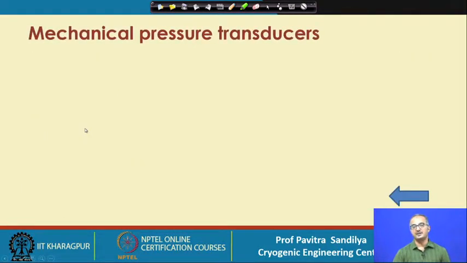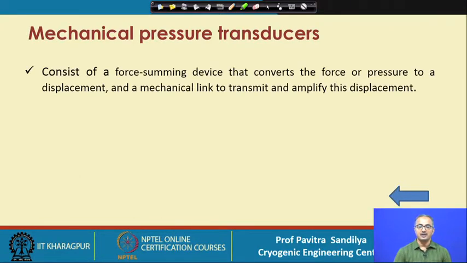Again, we shall be confining ourselves to a very few mechanical transducers. In these mechanical transducers, we have some force summing device. That means it will be taking all kinds of forces which are acting on the device, and that will be converted to some kind of displacement through some mechanical link to transmit and amplify the displacement.